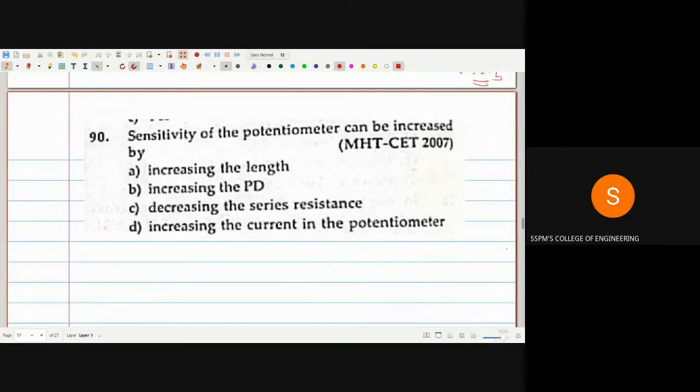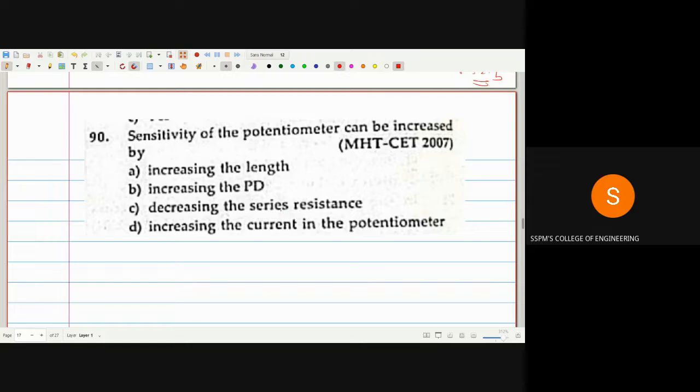Next question. The sensitivity of the potentiometer can be increased by. See what the options are: increasing length, increasing the potential difference, decreasing the resistance, and increasing the current in the potentiometer. The correct option is increasing length.